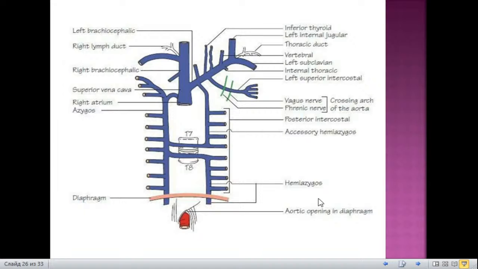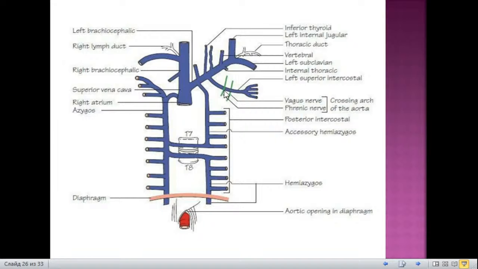And in addition to the hemiazygous vein, in the upper part of the left side of the thoracic cage, we have the accessory hemiazygous vein. It collects blood here, but goes down. And at the level of T7, T8, it drains either into the hemiazygous vein or into the azygous vein.